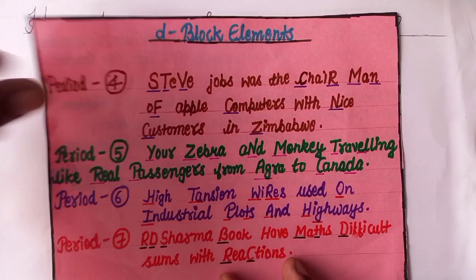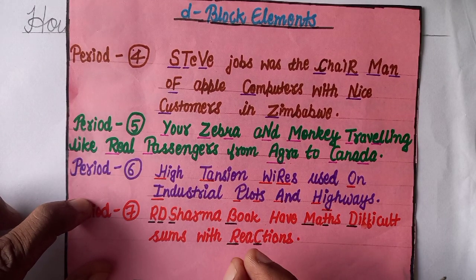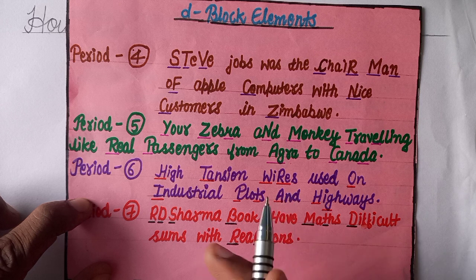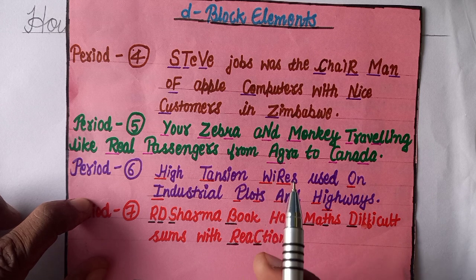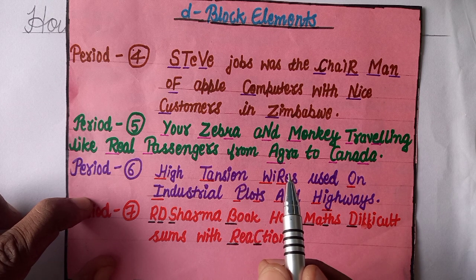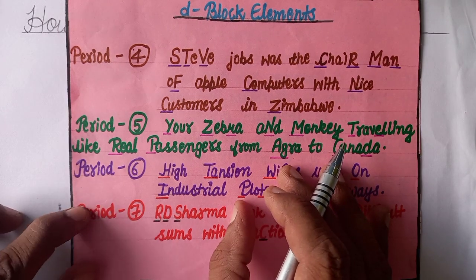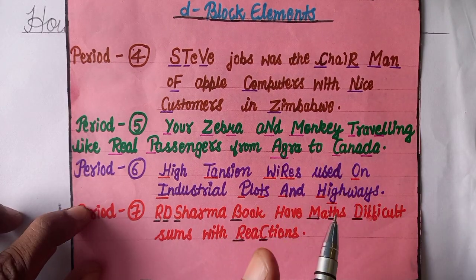These are D block elements. Groups 3 to 12 are included in D block.